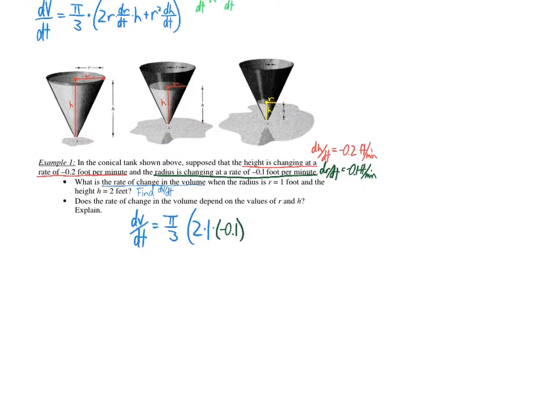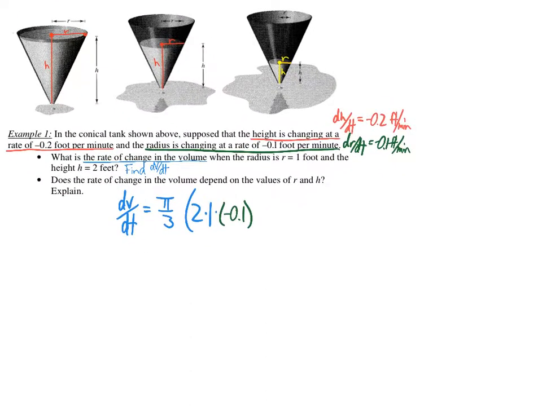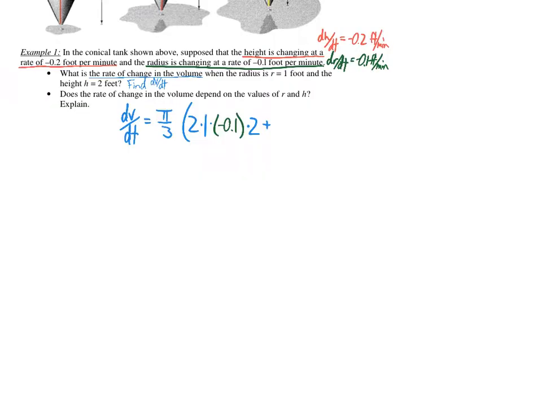And then we have that times the height. The height, we're told, is 2. Isn't it r squared? It's plus r squared, so r is 1, so that's 1 squared, times the dH dt, right? Negative, so negative 0.2. Okay?